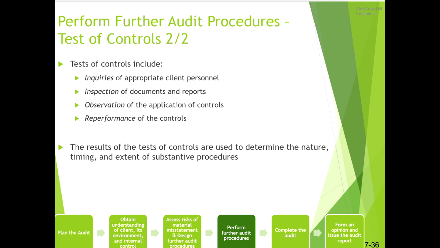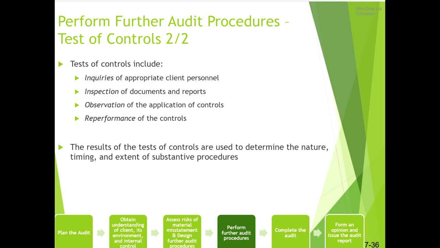When we're doing our walkthroughs, a lot of times part of those walkthroughs become observing the application of controls for a given transaction, right? So let's say one of the controls is that when you enter a purchase requisition, you have to have approval in order to have a purchase order created.